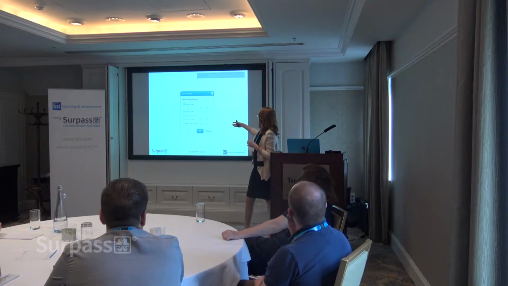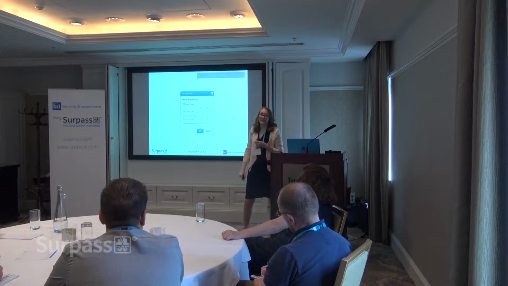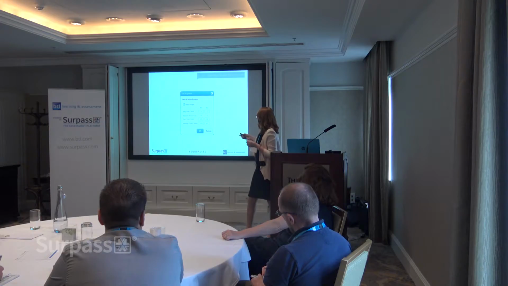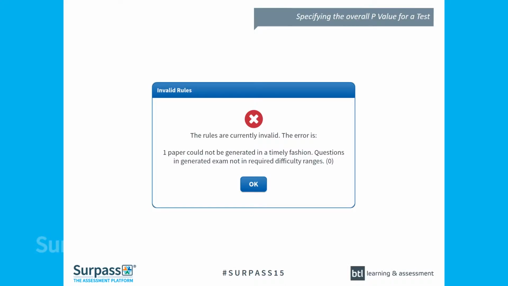But I actually want, say, up to 10 hard items. That will look at your items and at all the rules that you've built. And if it can't validate because it hasn't got enough easy, medium, or hard items, it'll warn you. You just get this message that the exam's invalid. That's obviously because it doesn't have enough items to meet the requirements that you've stated.